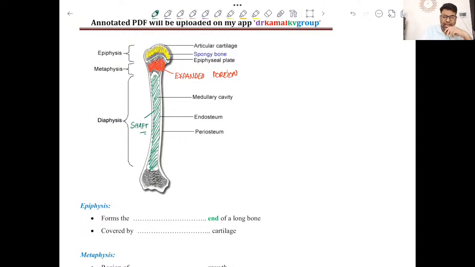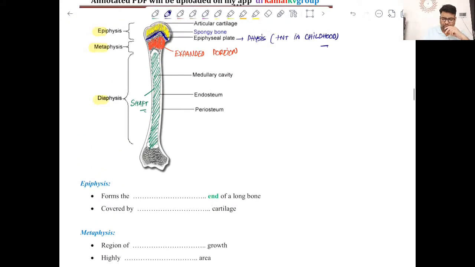So these are the three areas in an adult bone: epiphysis, metaphysis, diaphysis. Now if you look closely, you can see a white line here. This was the area where the growth plate was present in childhood. In adulthood we see only some highlight of that, but it's not active as such, right? So this was the area where the physis was present in childhood, and now its impression is left there. Clear? So this is the anatomy of a long bone.